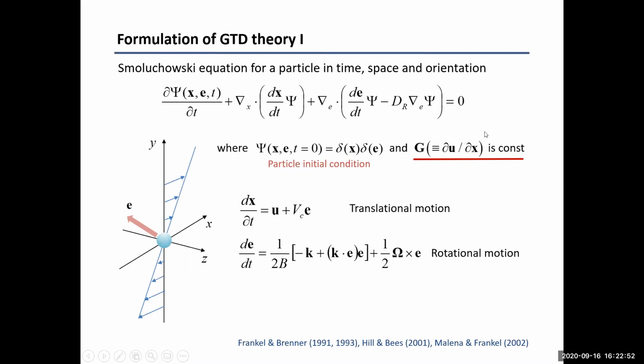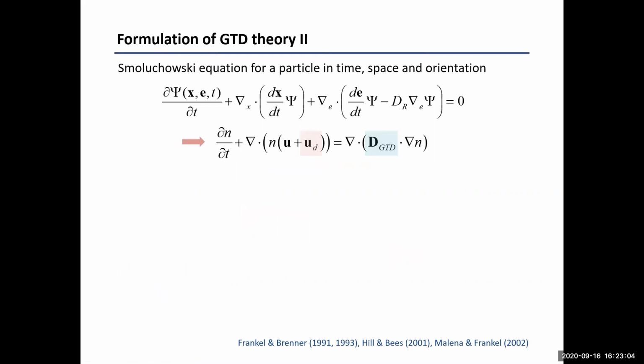So it prescribes the location and orientation of the particle. And they also assume that G, which is the local velocity gradient tensor, is constant. And then they wanted to convert this Smoluchowski equation into this advection diffusion equation.